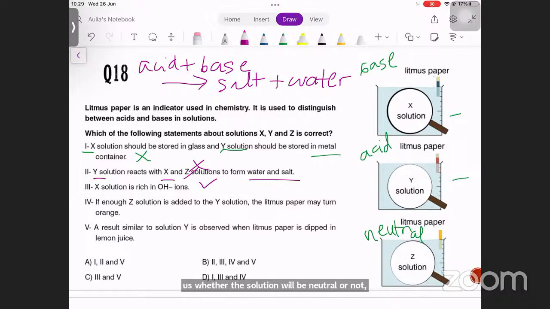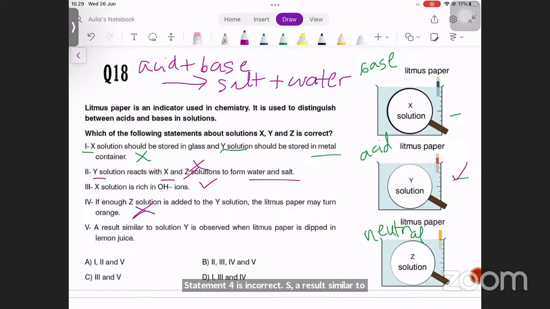Well, look, this solution is neutral. Why is acid? When neutral solution is being added into acid, it will not be neutral, everyone. It will be acid. So statement four is incorrect.